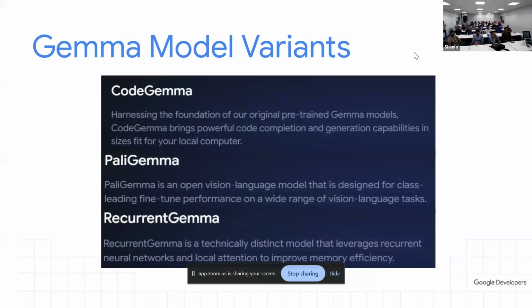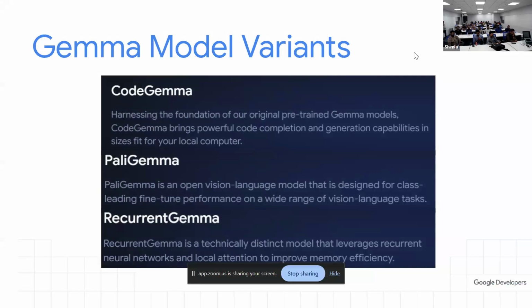Gemma has some different variations. CodeGemma is predominantly for code execution, code completion, and code generation. The second one is PaliGemma, which is a vision model: if you give it an image, it tries to understand the image and extract information based on your query.